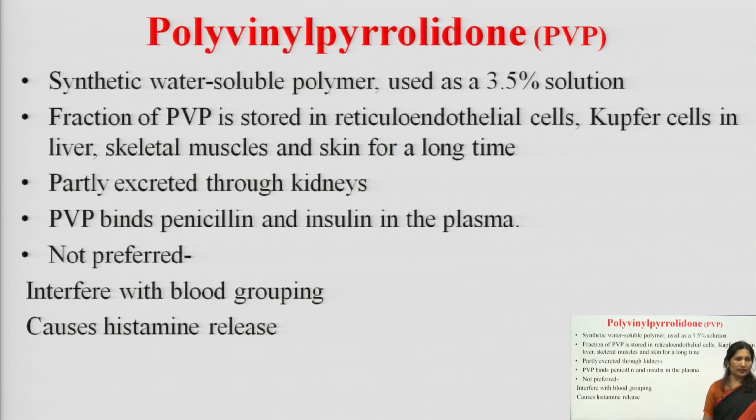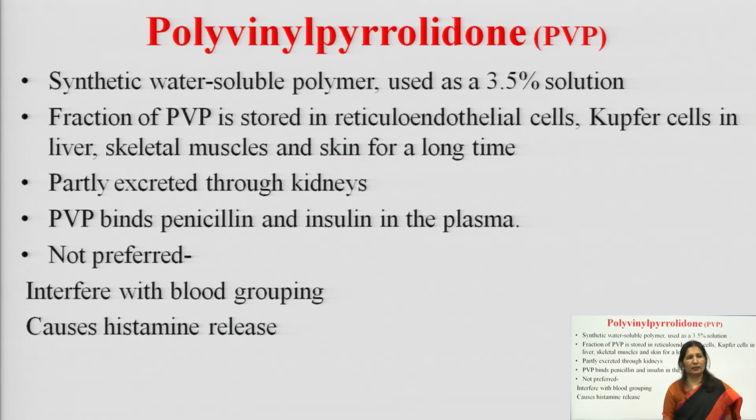So, next is polyvinyl pyrrolidine. This is a synthetic water soluble polymer used as 3.5% solution. A fraction of PVP is stored in reticuloendothelial cells, Kupffer cells and liver, skeletal muscles and skin for a longer time. They are partially excreted through the kidney.